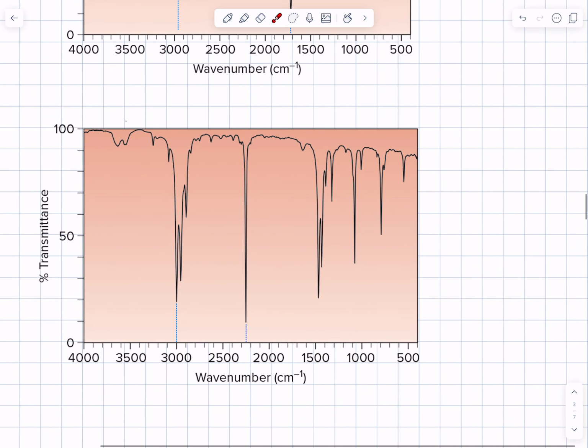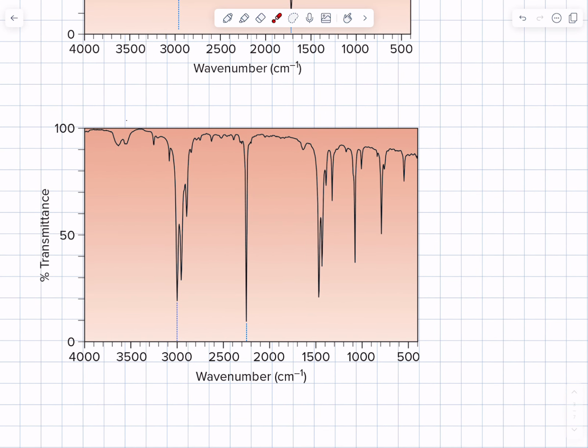All right, looking at this one, again ignoring anything to the right of the fingerprint region, I see two major features. One is a peak that's around 2250 inverse centimeters. Again, you will be tempted to say that's a carbonyl. Pay attention to the frequency. The frequency for carbonyls is 1650 to 1800. This is at too high of a frequency to be a carbonyl.